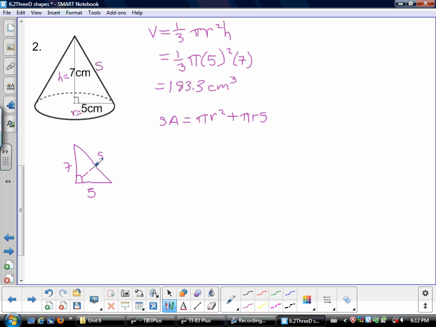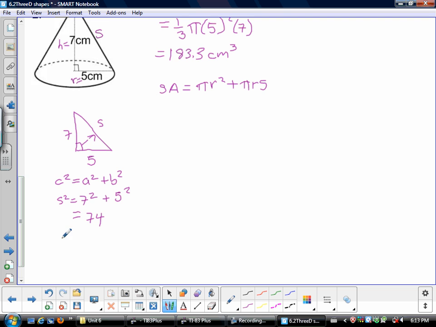So there is our c value, and that's what we're finding. So we're doing c squared equals a squared plus b squared. In this case, it's s squared equals 7 squared plus 5 squared, or 49 plus 25, which equals for us 74. And then we take the square root of that, so our slant height is actually approximately 8.6.